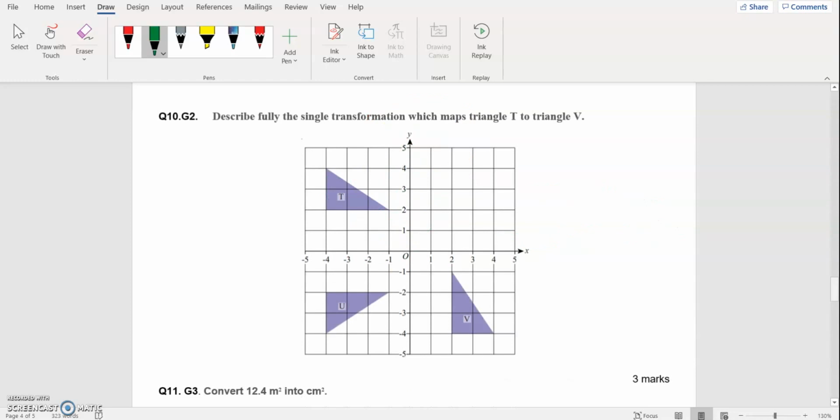Now we have to describe fully the single transformation which maps triangle T to triangle V. So we're getting from this to this. I can see that they are mirrored, so this must be a reflection. And the line's got to be right in the middle between them two.